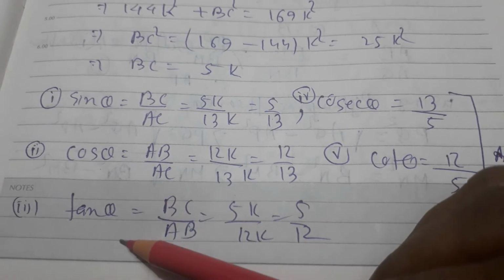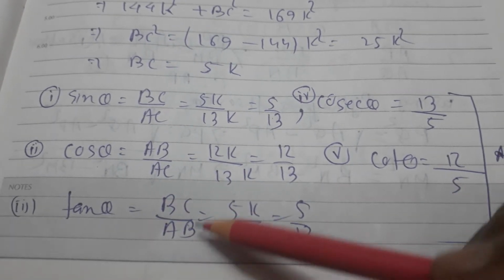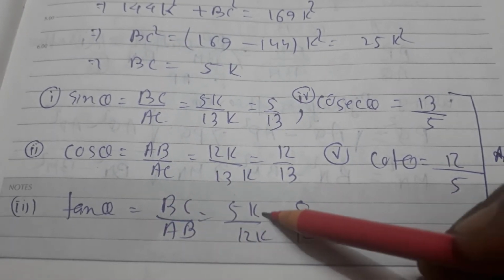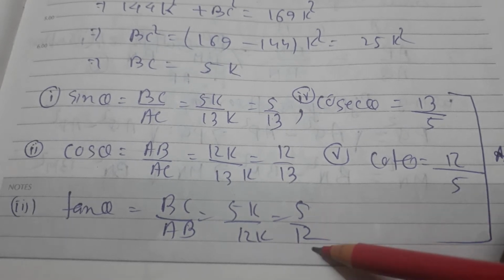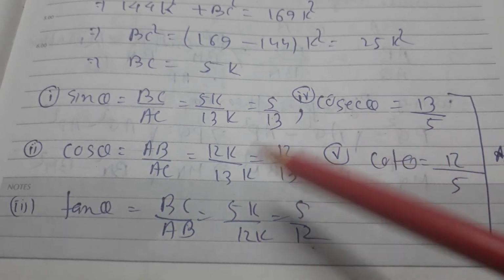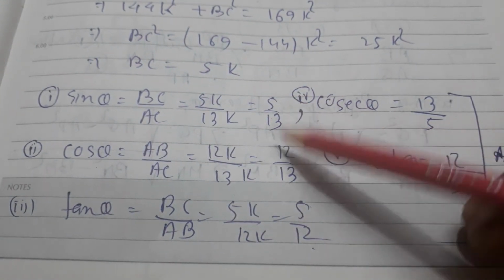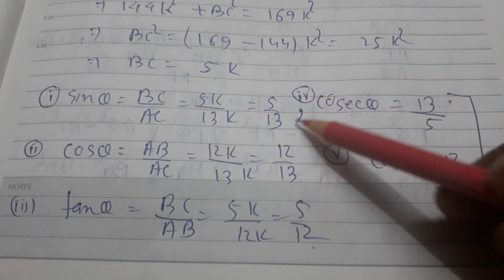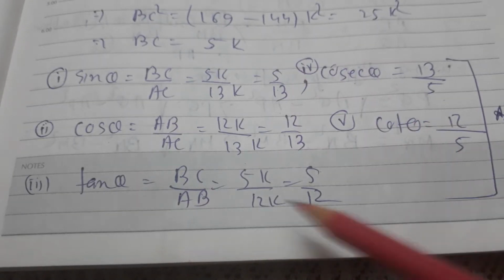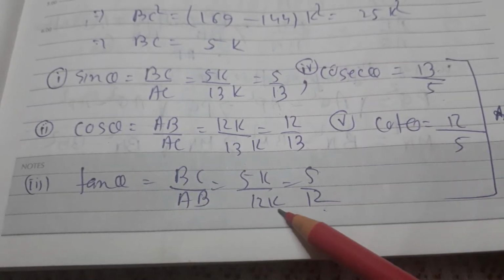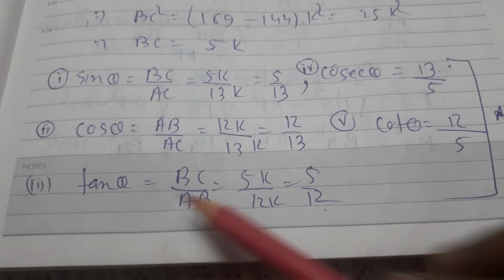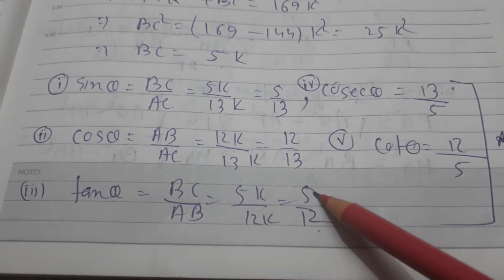And tan theta equal to P by B. So BC by AB, 5k by 12k, 5 by 12. Now cosec theta is reciprocal of sin theta. So you write down here 13 by 5. Just reverse, reciprocal. And sec theta, cot theta equal to reciprocal of tan theta, so it is 12 by 5.